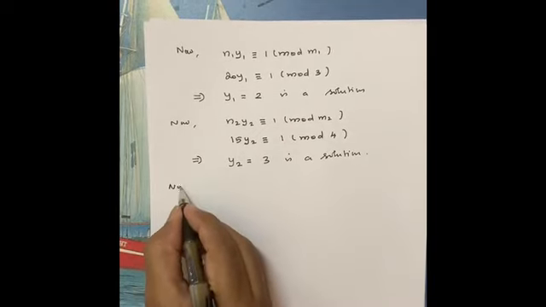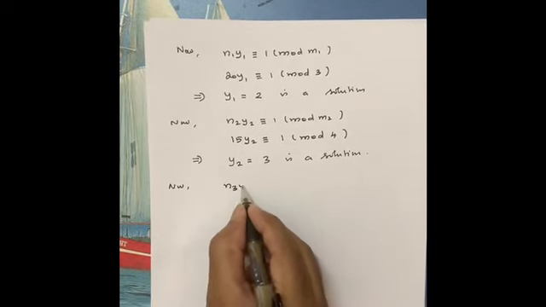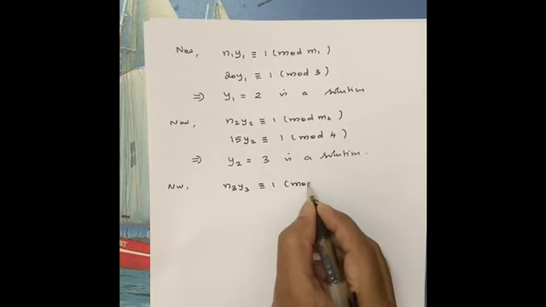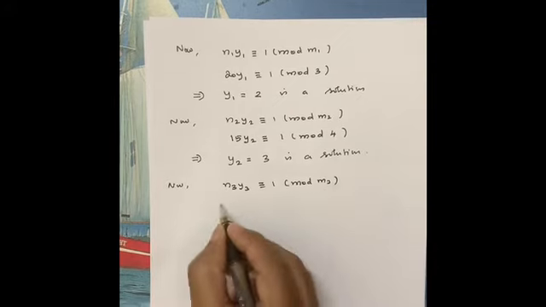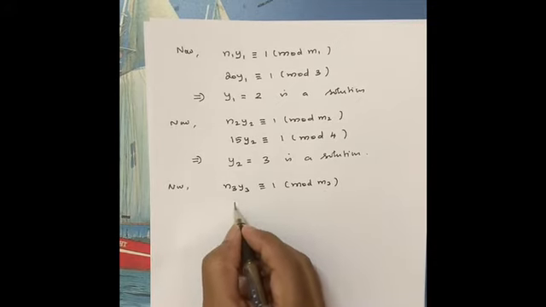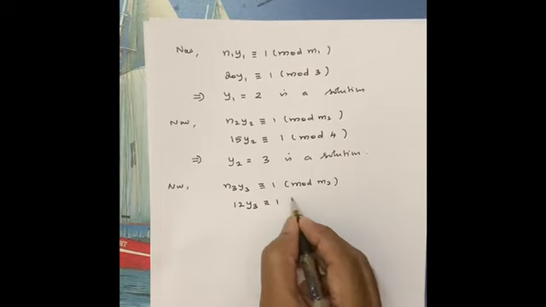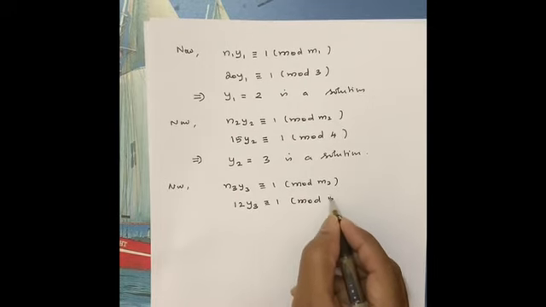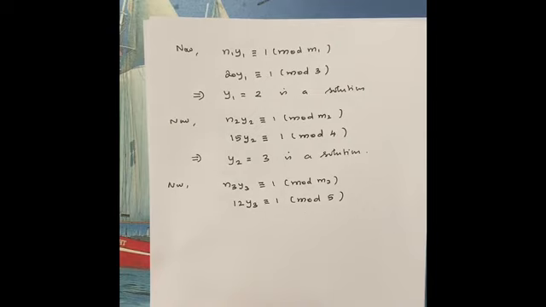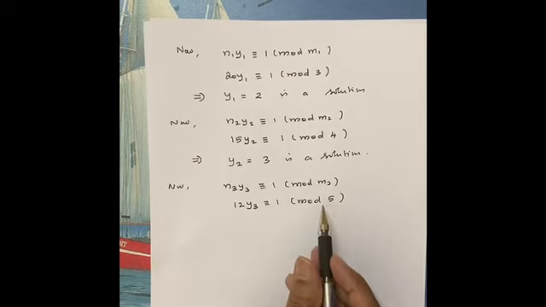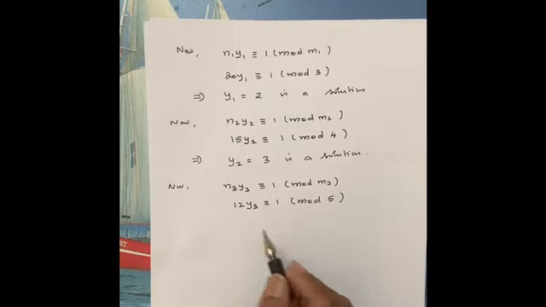Also, take the third congruence. n3 y3 congruent to 1 modulo m3. What is the n3 value? 12. So 12 times y3 congruent to 1 modulo 5. Now check which value satisfies this y3. y3 equal to 1 means the left hand side is 12, and 12 minus 1 is 11; 5 does not divide 11.